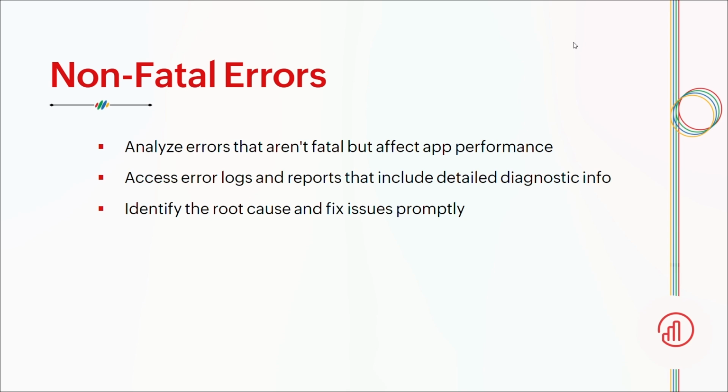Unlike crashes that completely stop an app, non-fatal errors are issues that allow the app to continue running but with unexpected behaviors affecting certain features. To handle this, Zoho Apptics offers a feature called non-fatal. When an error happens and your app catches it using a try-catch block, instead of just handling it silently, Apptics can record details about that error.